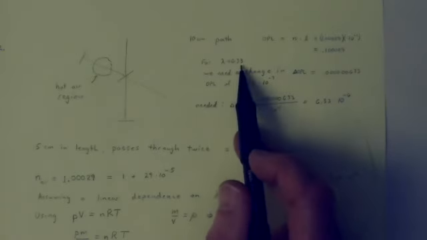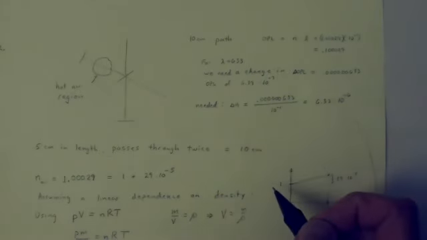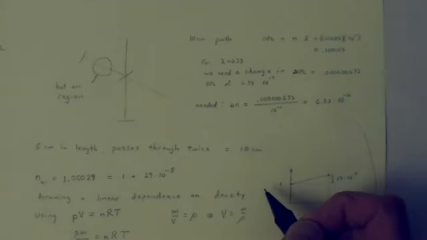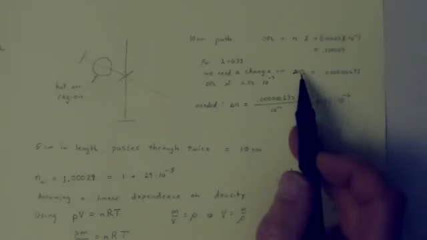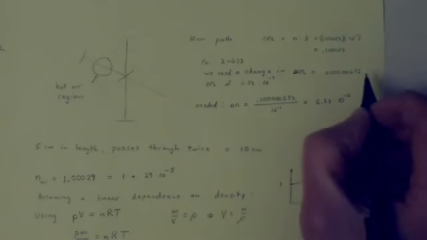I want to shift it by 1 full wavelength, so I want to shift it by 633 nanometers. So I need a change in the optical path length of, this is just in meters now.